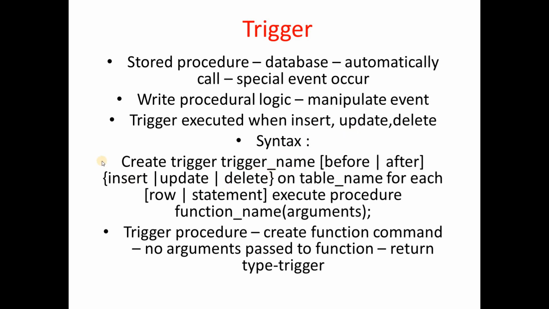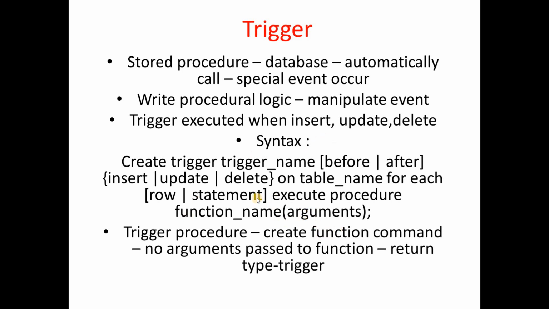You have to choose one, and then provide the table name on which table's event you want to apply the trigger. Then you have to mention whether it is for each row or for each statement, and then EXECUTE PROCEDURE with the function name, to which we can pass arguments. This is the syntax of your trigger.